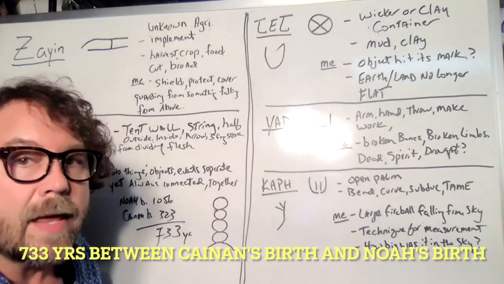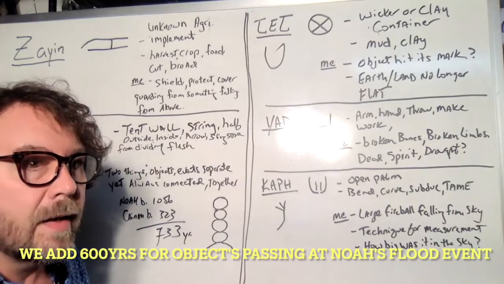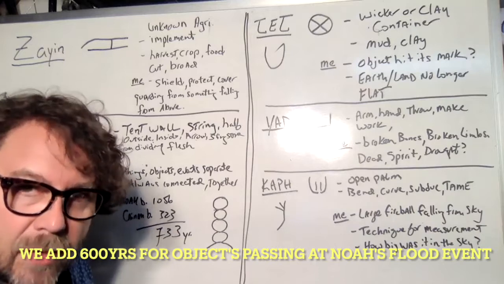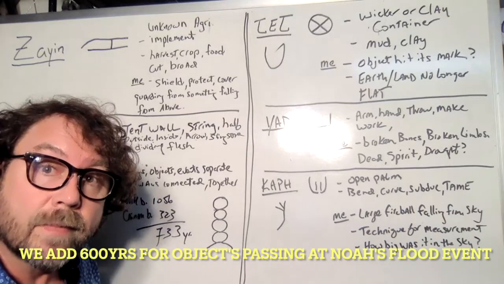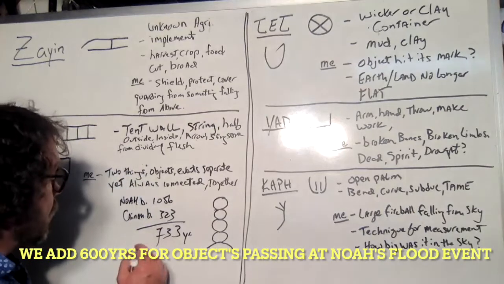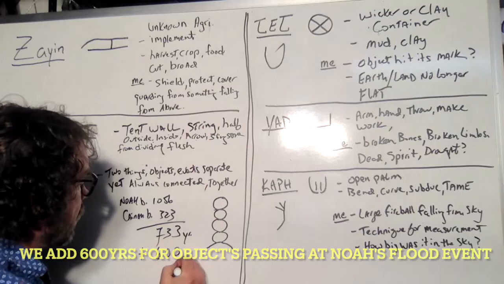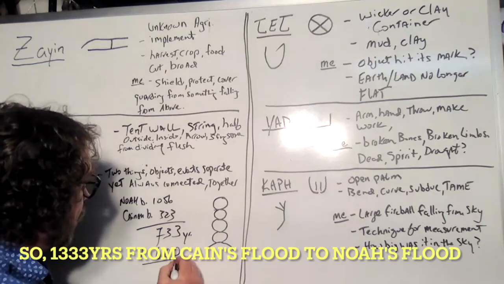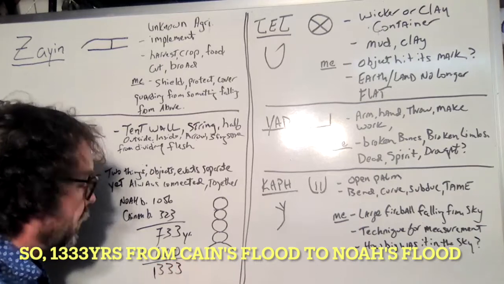Now then, when was the flood? The flood happened in the 600th year of Noah's life. So Noah was 600. Let's add 600 to that, and we get 1333.